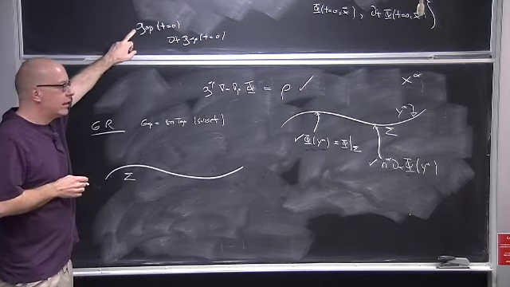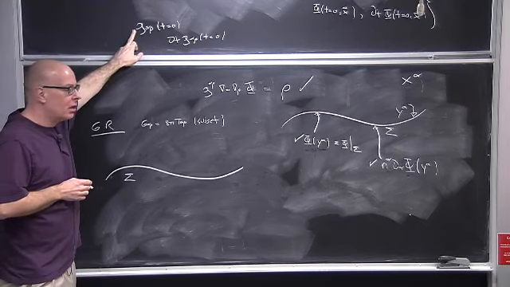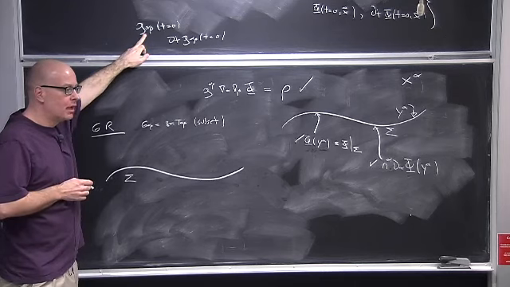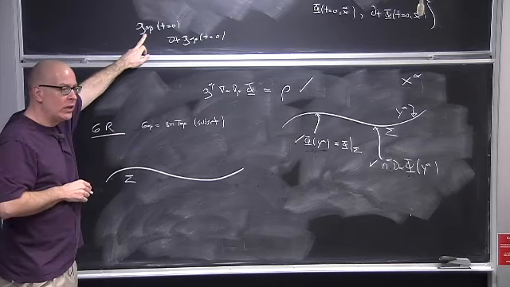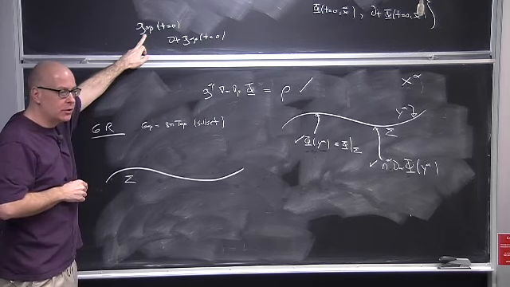The problem is that here I'm specifying too many components for the metric. Out of those, I have 10 individual components. Only 6 of those characterize displacements only at t equals 0, spatial displacements. And the remaining 4 tell me something about displacements away from the hypersurface.